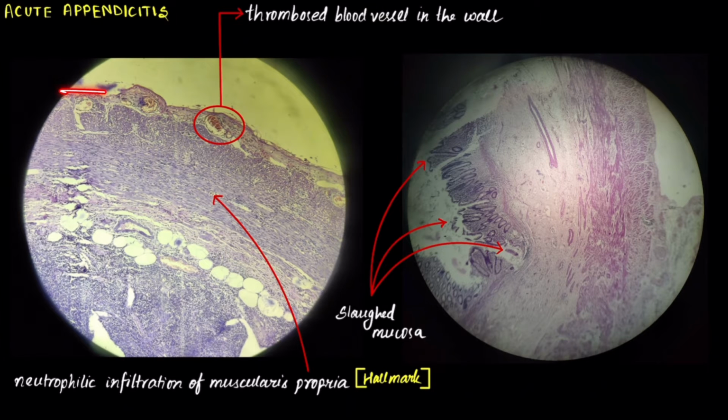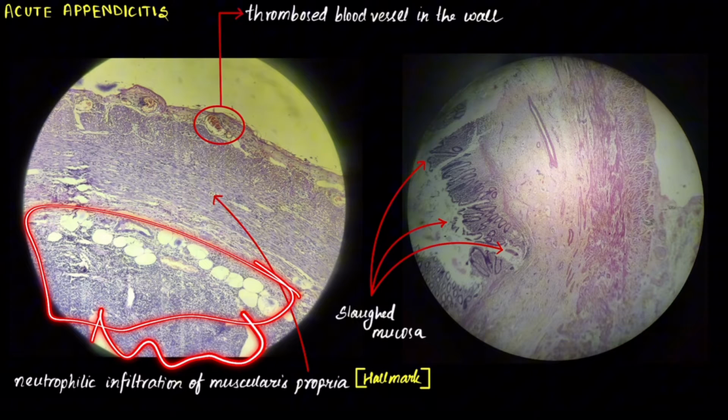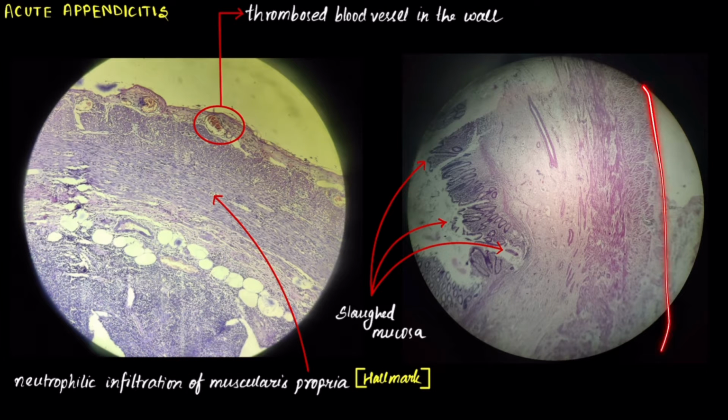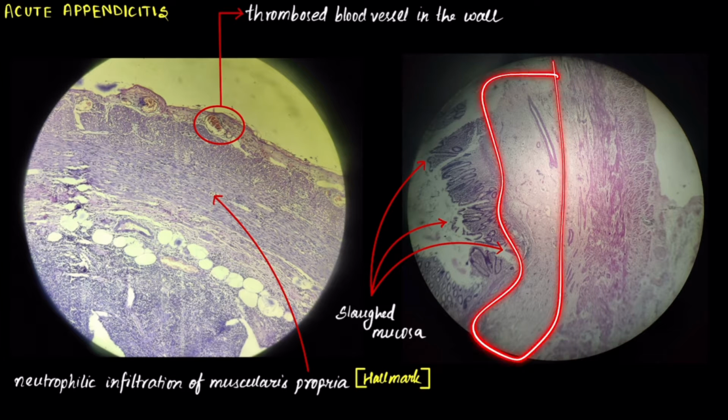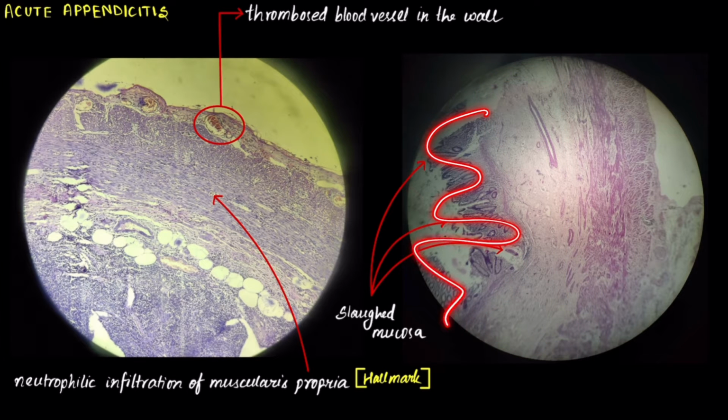There's your outermost serosa, longitudinal muscle, circular muscle, submucosa, and mucosa.